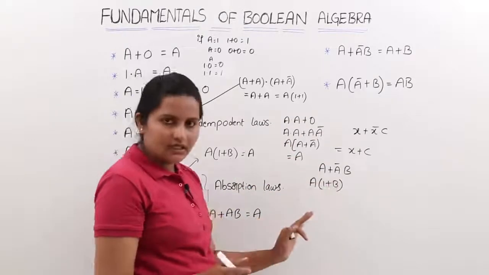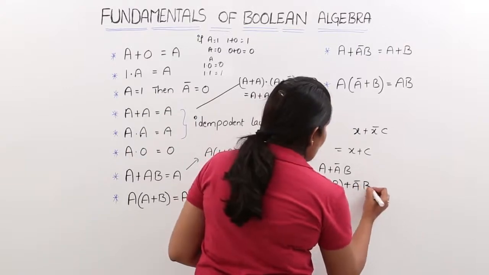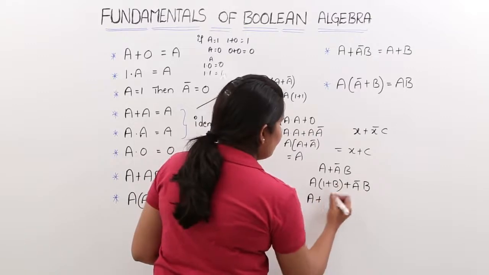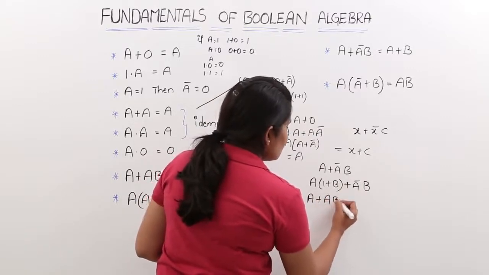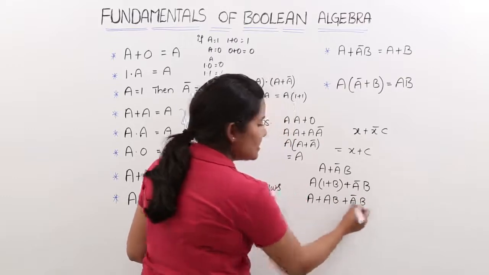So, now see here A into 1 is A, next A into B is AB, plus A bar B. Now, I am taking common of B in these two.